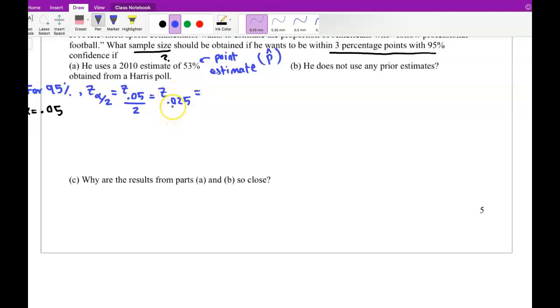So instead of using this area to the right, we use the area to the left, which is 0.975. We had this part before. So finding 0.975 in the body of the table, the Z-score is 1.96.